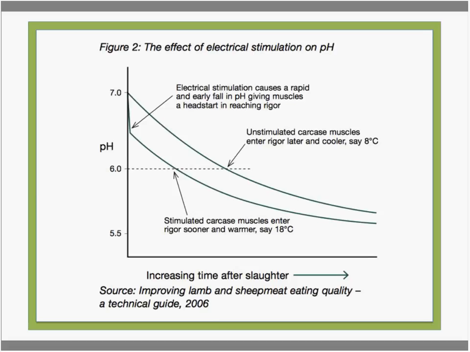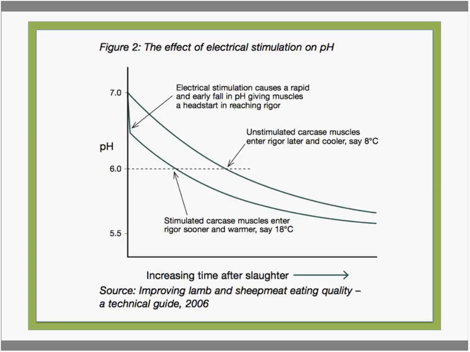And you'll see on this graph that because you applied the electrical stimulation, you've pretty much just dropped the pH purely through stimulation of the cells to ensure your glycogen converts to lactic acid quicker, and then it tails off.